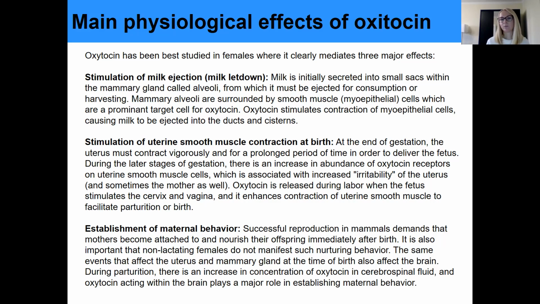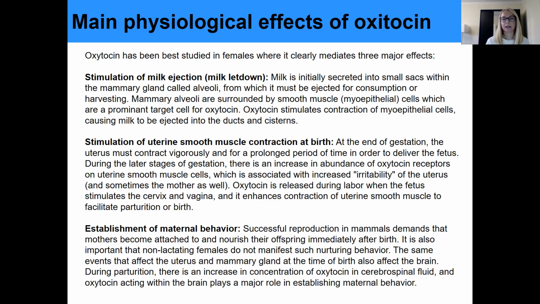And establishment of maternal behavior, another physiological effect of oxytocin. Successful reproduction in mammals demands that mothers become attached to and nourish the offspring immediately after birth. It is also important that non-lactating females do not manifest such nurturing behavior.